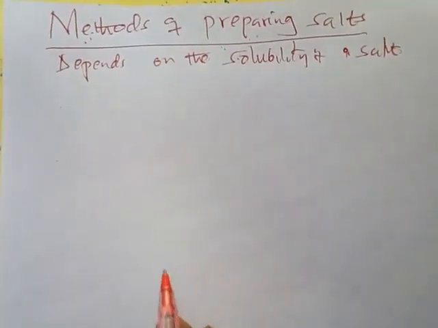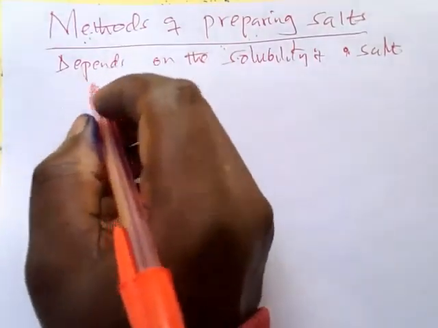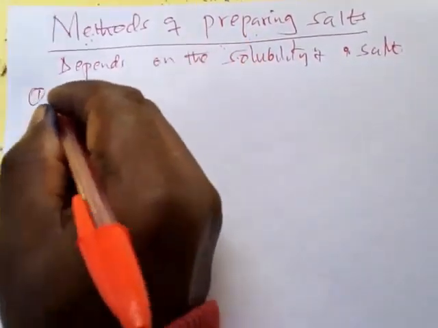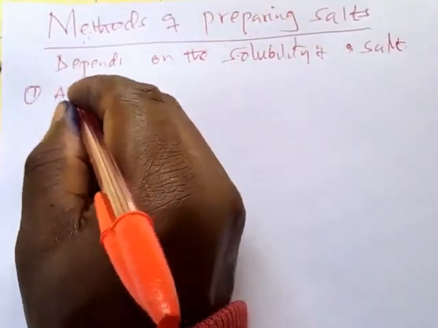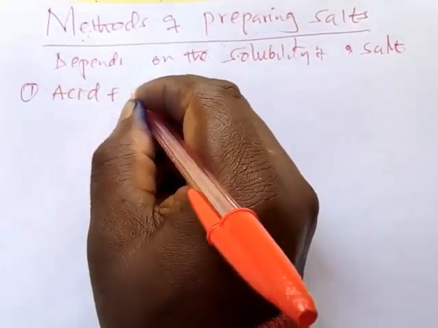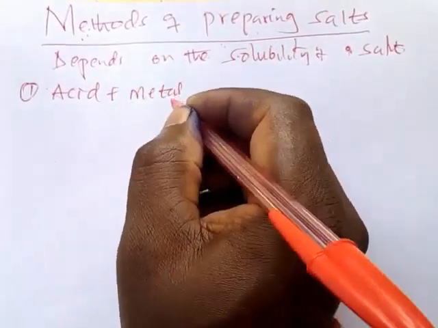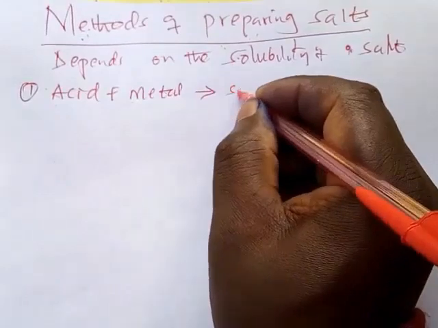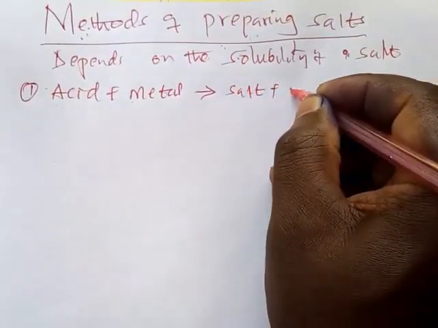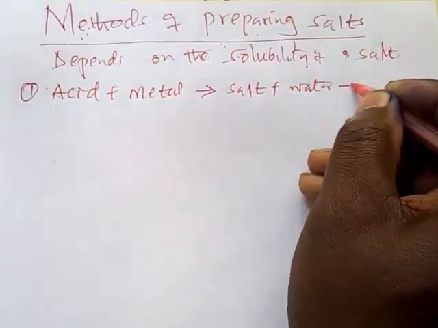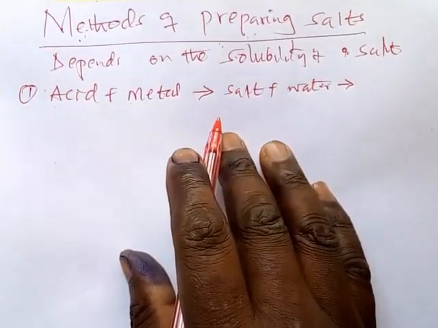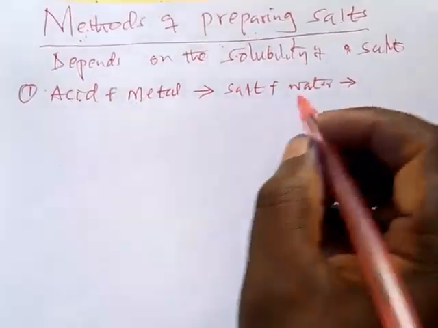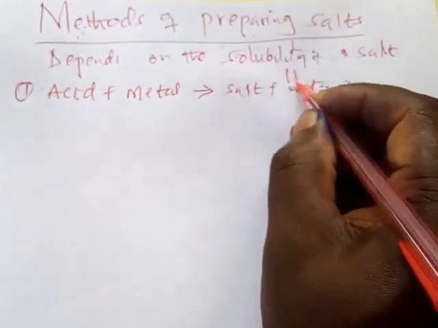So we have around 7 methods of preparing salts. I want to mention, just mentioning them. We have acid plus metal reaction, which will give us salt plus hydrogen gas.